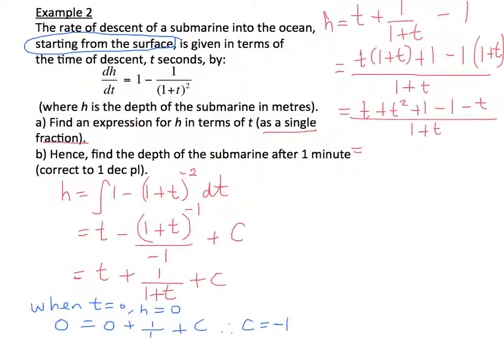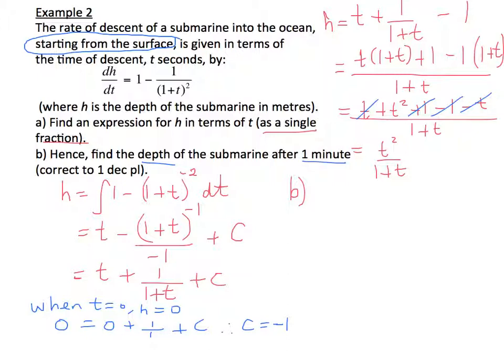And we have some like terms here which are going to cancel. We've got 1 minus 1, t minus t, so you can see we're just left with t squared over 1 plus t. And so there's our expression for h in terms of t as one fraction. So that's part A.